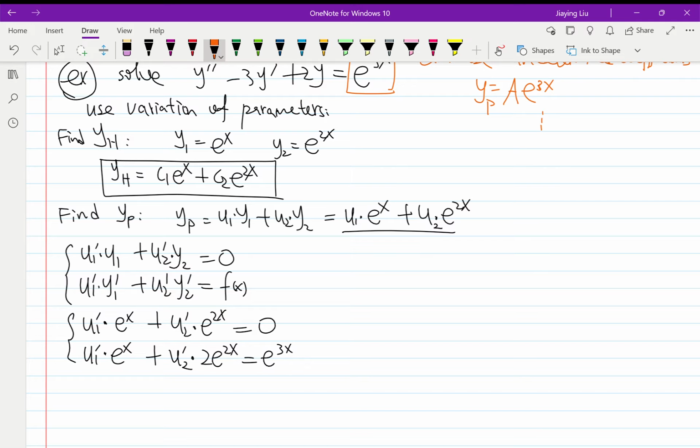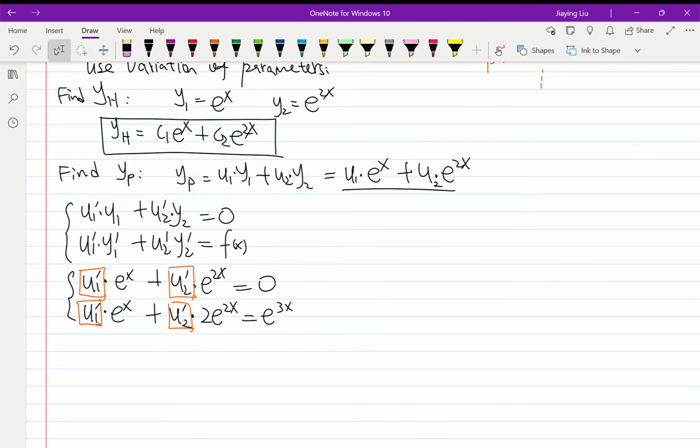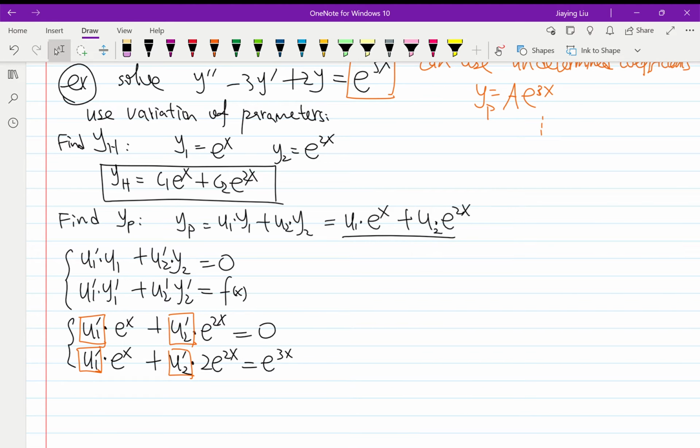So keep in mind that we're looking for those two terms, the u1 and u2 derivatives. So we treat them as variables. If you remember solving system of equations, you can use elimination, substitution, or matrix equation. So I'm going to use elimination first because that's a little bit easier.